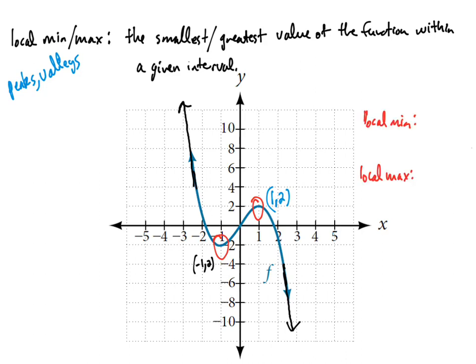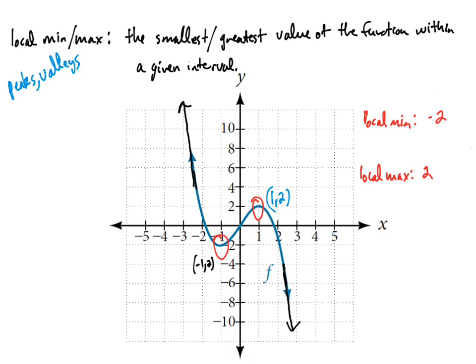When we're talking about the max and the min values, we want to know the output values, or the y values, for the max and the min. Another way of thinking of this is, if you're on a hike, what is the elevation that you're achieving? So the local min would be at -2, and the local max would be at +2.